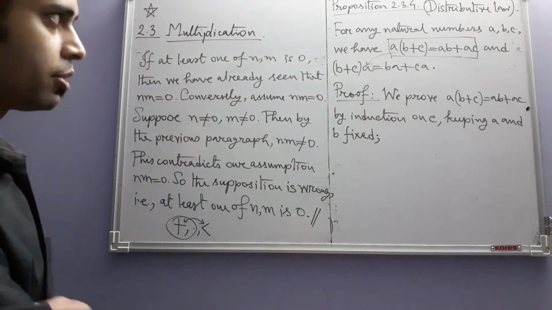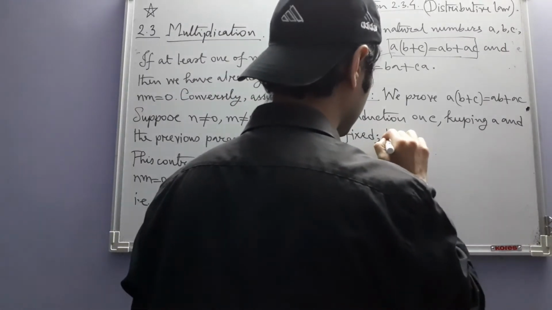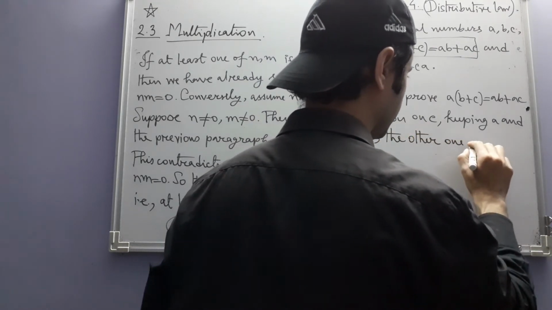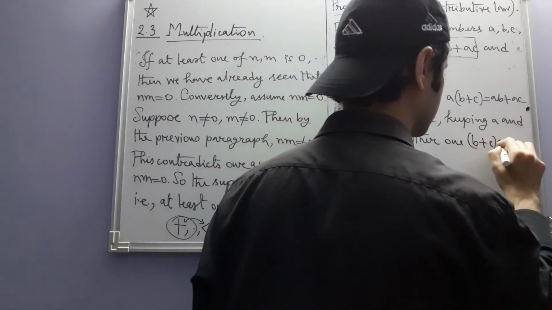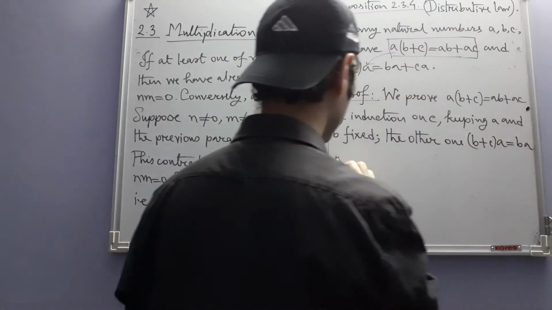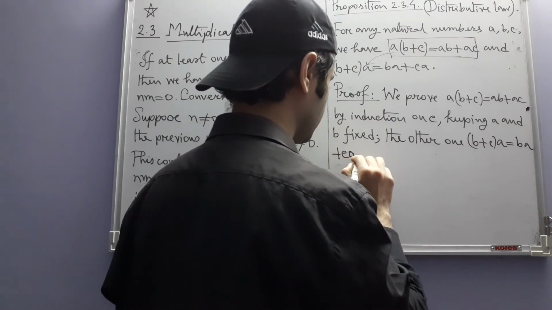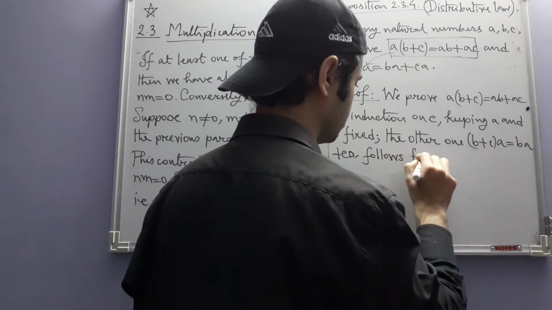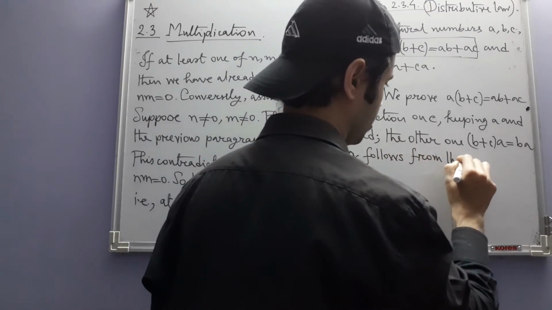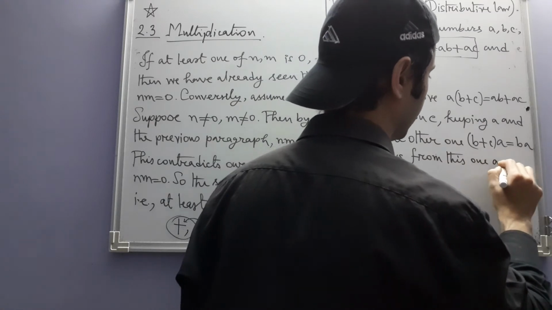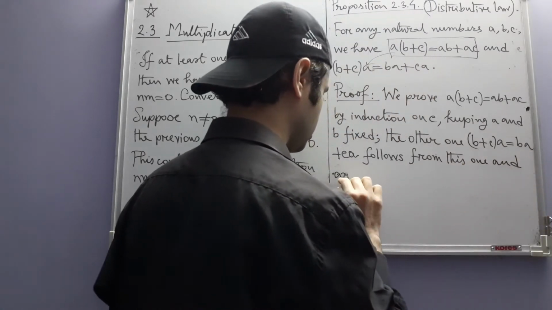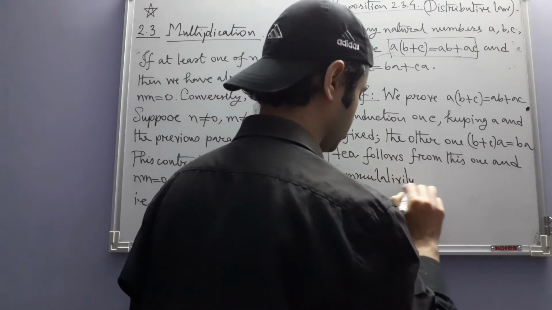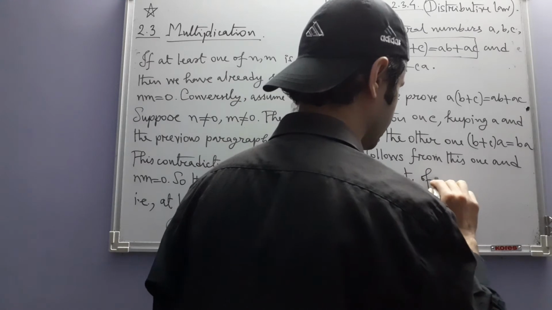And we should also mention that the other one, (B plus C) times A is equal to BA plus CA, follows from this one and commutativity of multiplication.